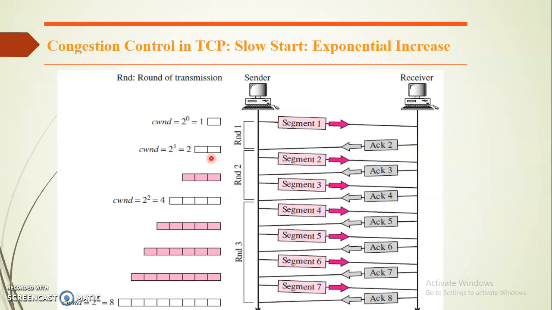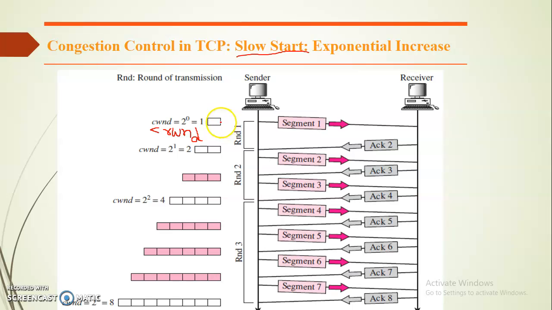We have assumed in this example that CWND is lesser than RWND. That is one thing assumed. The second thing assumed is that after each segment we will get the acknowledgement. That is also assumed in this example to show you the slow start phase.